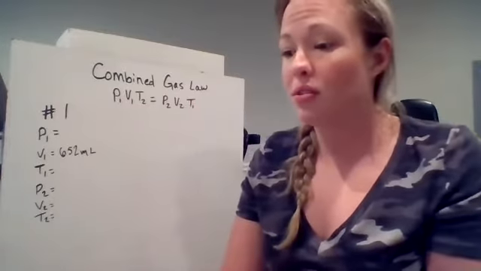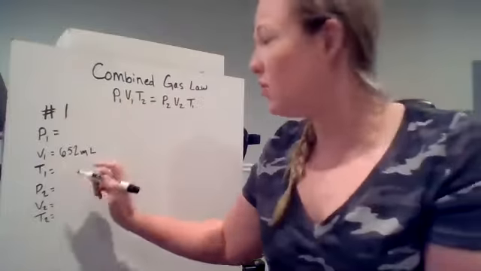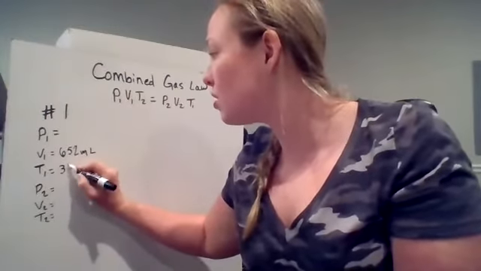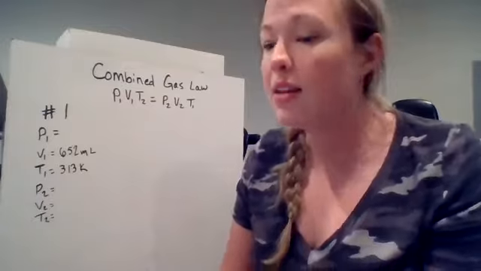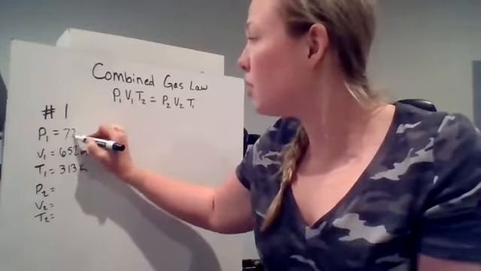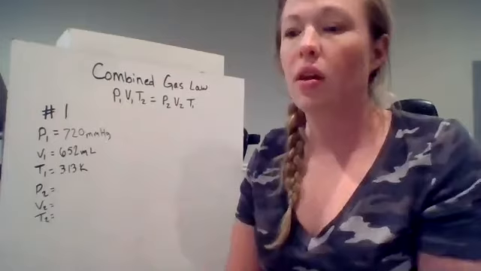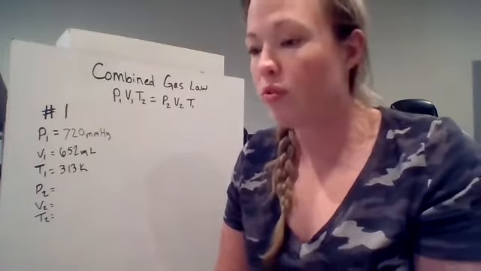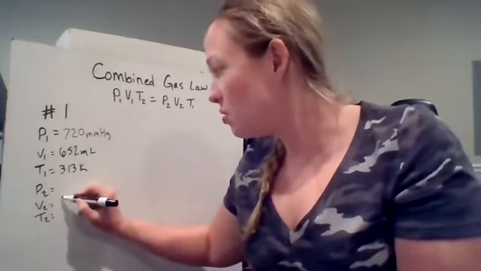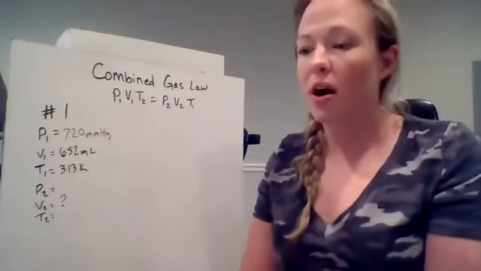At 40 degrees Celsius, our T1 is 40 degrees Celsius, which we add 273 to, so it's 313 Kelvin. And 720 millimeters of mercury. What volume will sulfur dioxide occupy at STP? So what volume, our question mark, is our V2, will it occupy at STP?